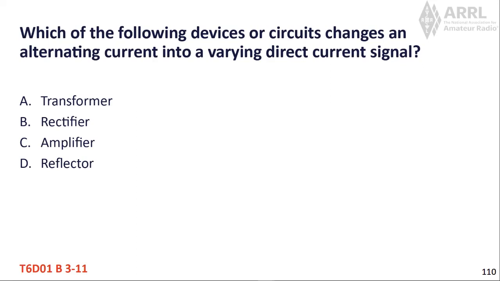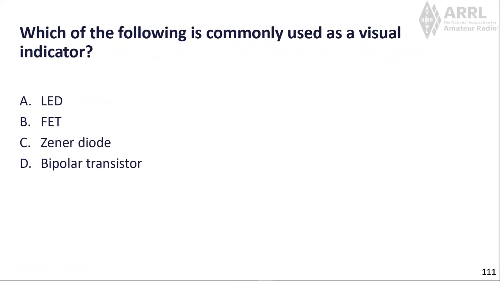Answer is B, a rectifier. And the most common of that is the diode. All right, which of the following is commonly used as a visual indicator? Anymore, it's the LEDs, light emitting diodes. Answer A.